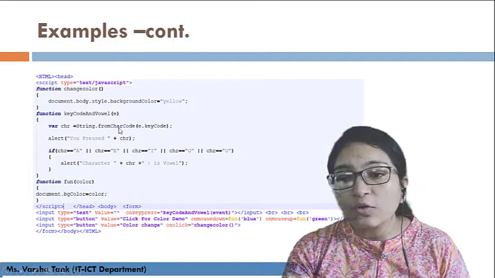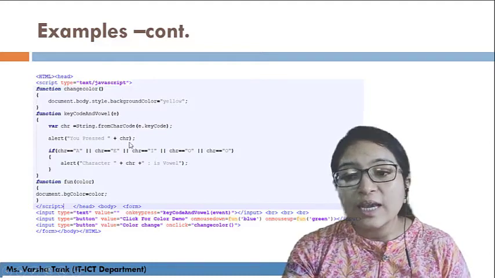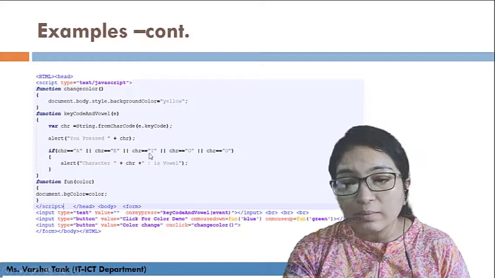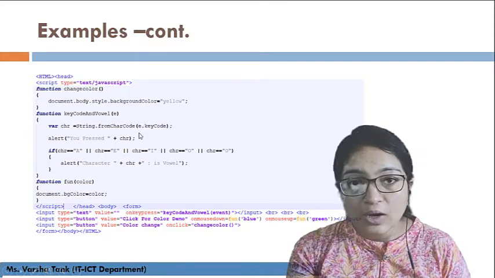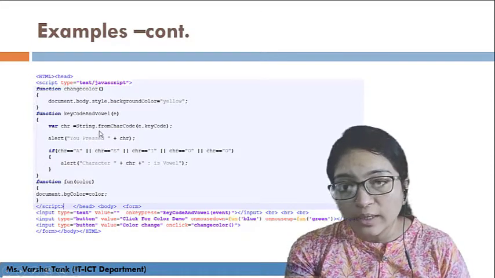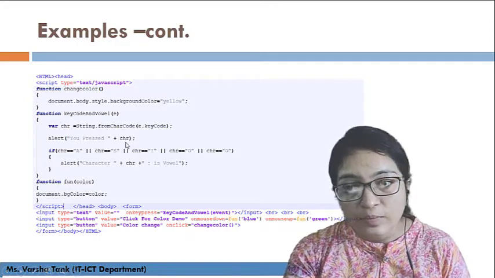So String.fromCharCode will display the alert, you pressed which character. So CHR, here it will define e.keyCode, that means we are passing the event. So whenever you click on a key, that value will be passed over here, and it will display which character you pressed.